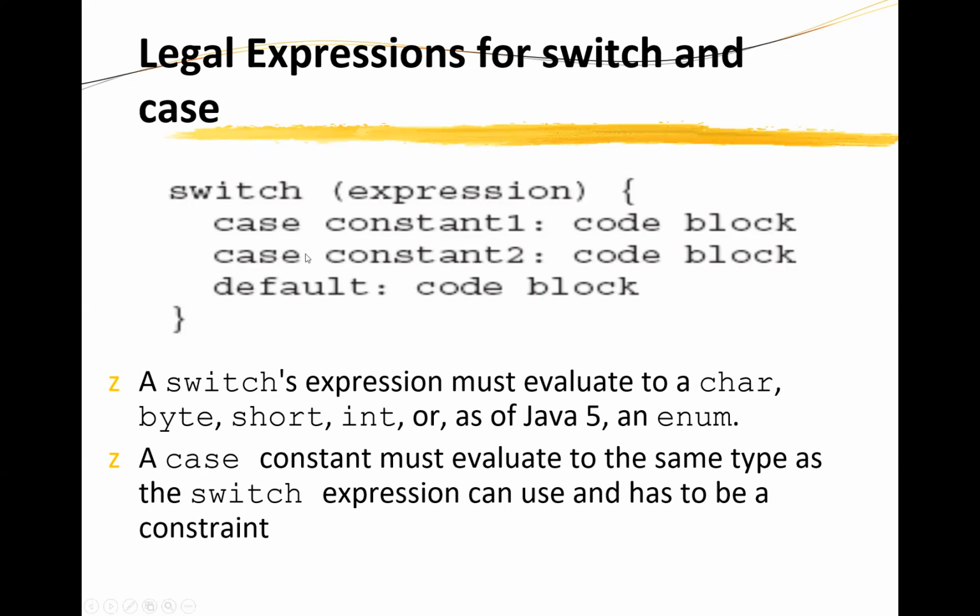And remember, the case statements must evaluate to the same type as the switch expression. If you have declared an integer value, the case values also should be integer values. And for the cases, you can only have constant values. You can't have fluctuating values. The case constant must evaluate to the same type as a switch expression. Remember that.